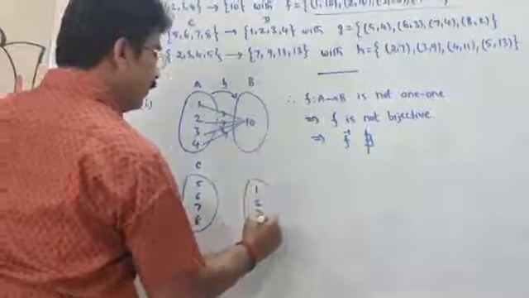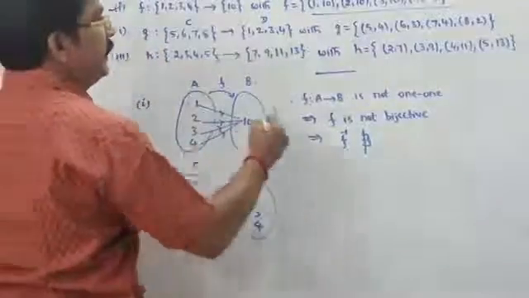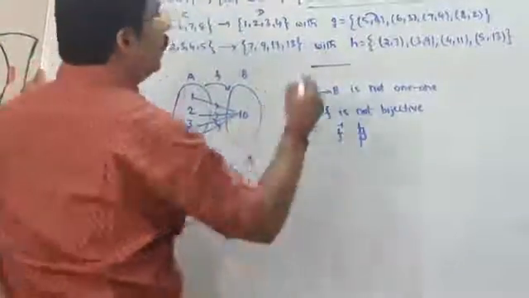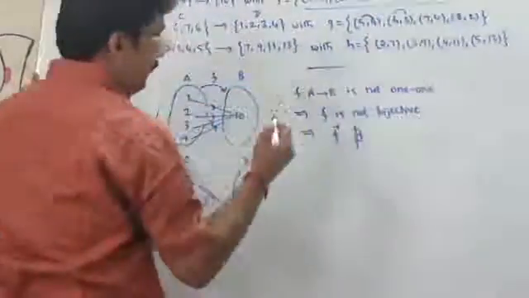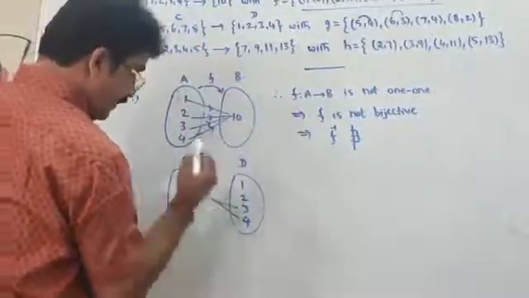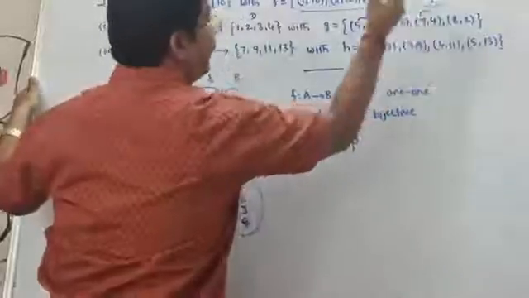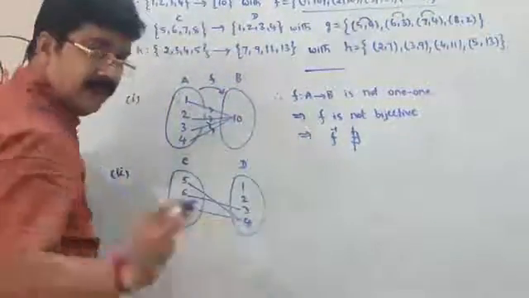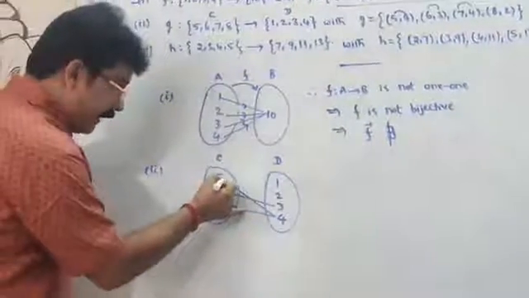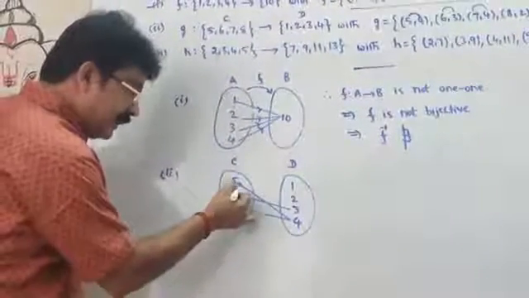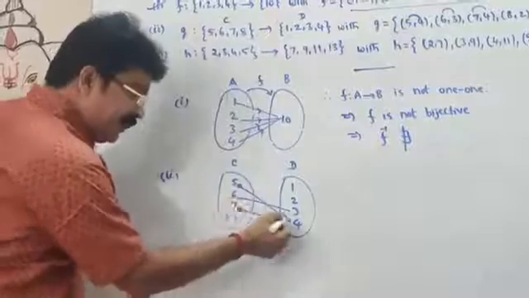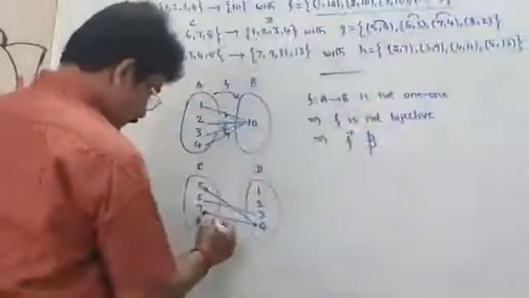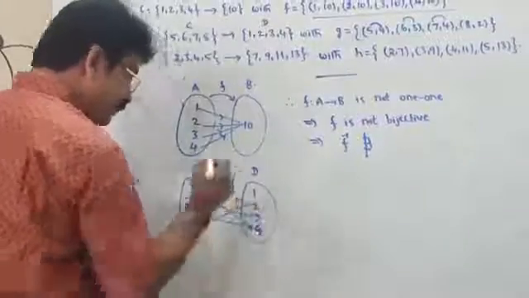Mapping: 5 is mapped with 4, 6 is mapped with 3, 7 is mapped with 4. You see here, 5 and 7, two different elements, are mapped with only one element. Next, 8 is mapped with 2.